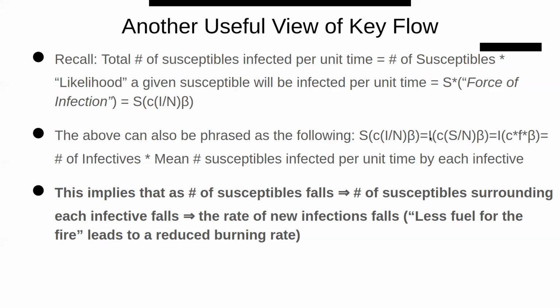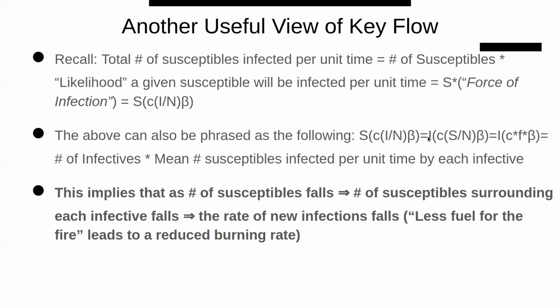So here we have I times S over N times C times beta, S over N being the fraction of susceptibles in the whole population. C is the number of people that each person comes into contact with per day.